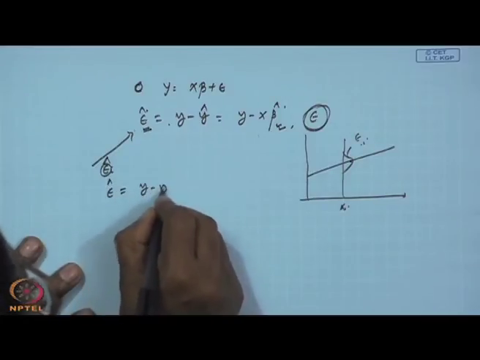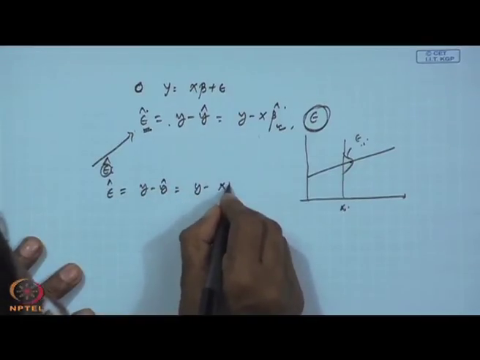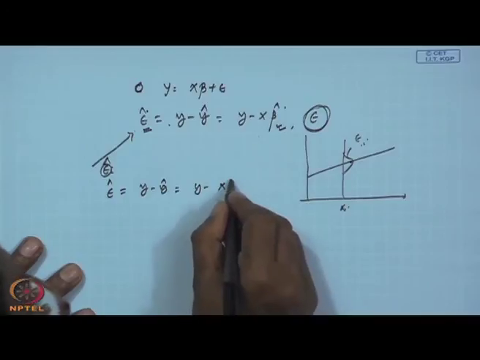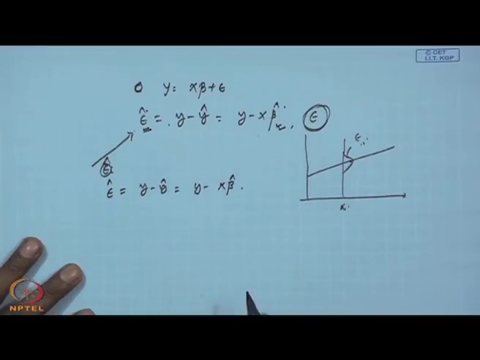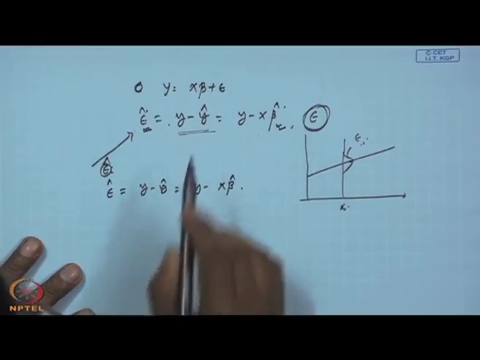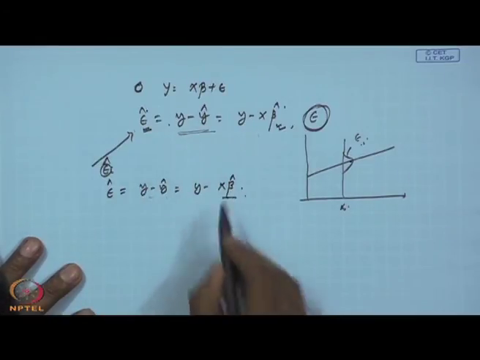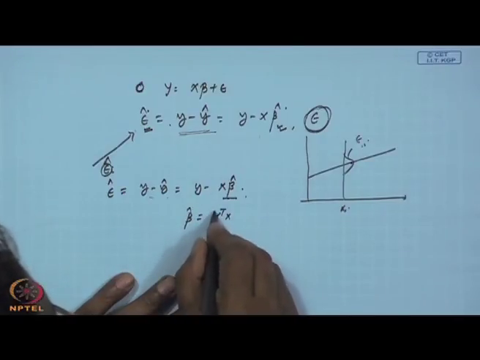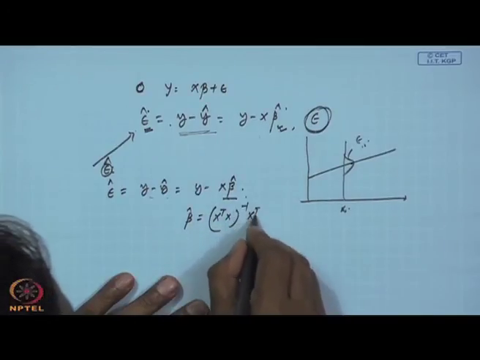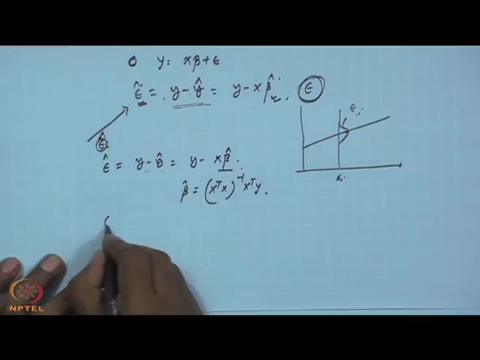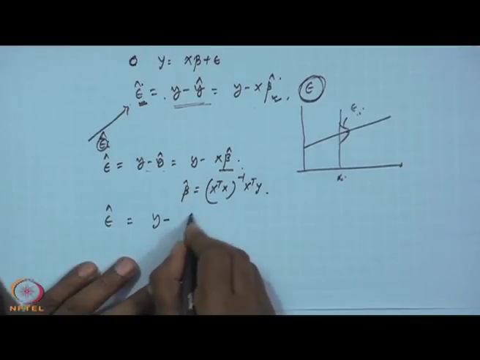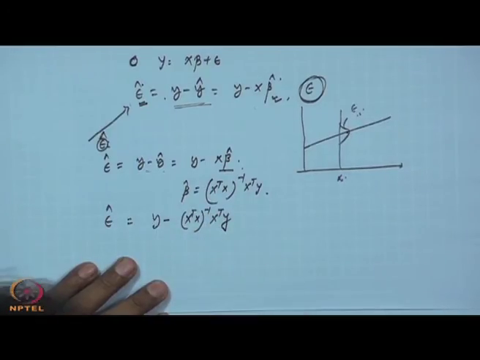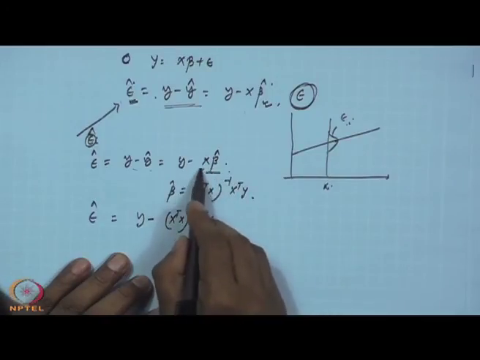This is y minus y cap, equal to y minus x beta cap, which we have used earlier. Instead of beta cap, I will write x transpose x inverse x transpose y, correct. Then this one will become y minus x transpose x inverse x transpose y, but one x is there.